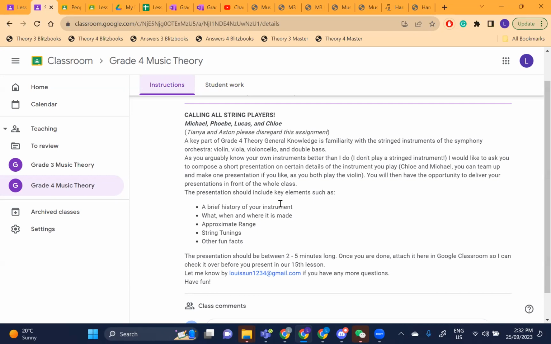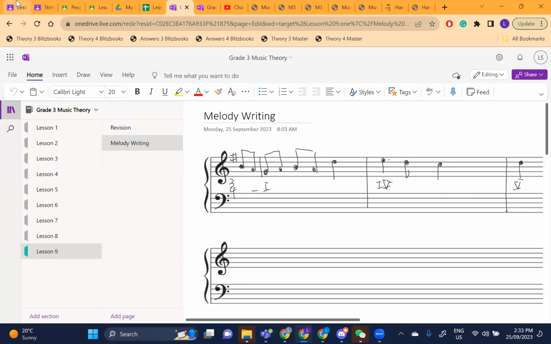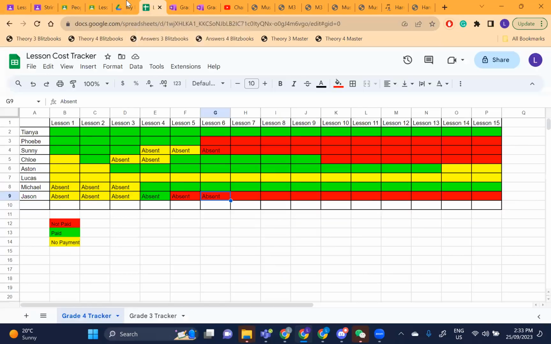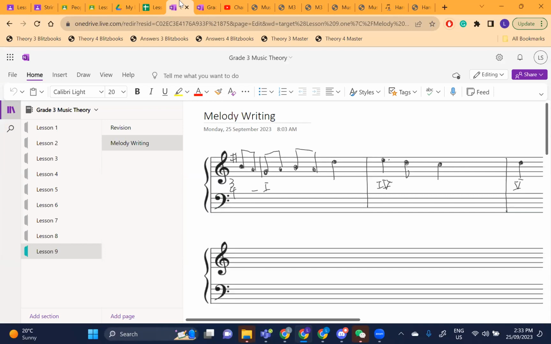It's for you, Lucas, for you. It's for you, and it's for Michael and Phoebe as well. If you bought your computer, so you can. What happens? Is that an iPad? Can you log on? I can give you Wi-Fi. You can take a look at the assignment.